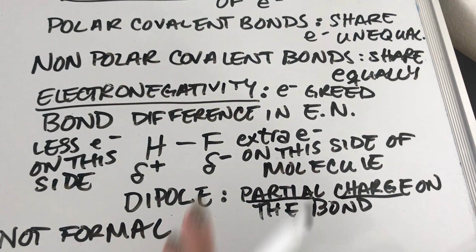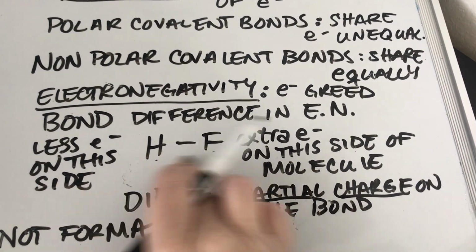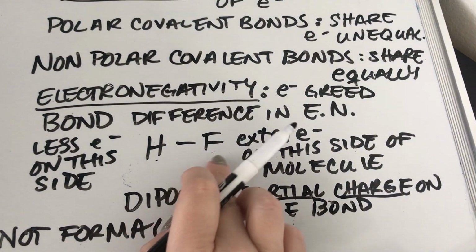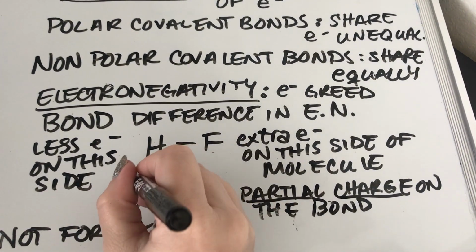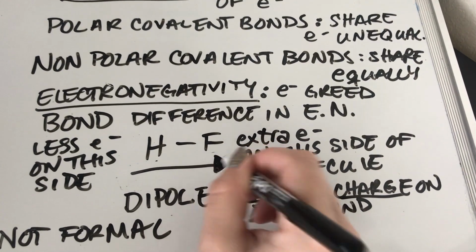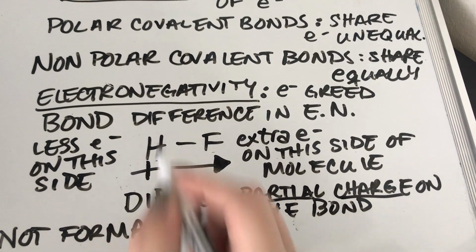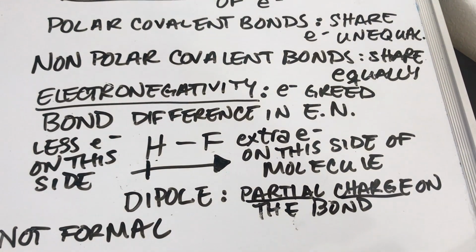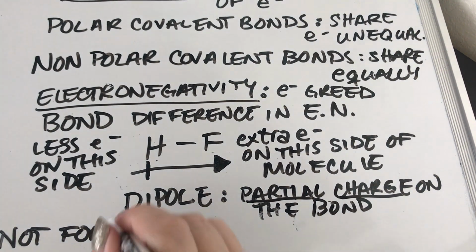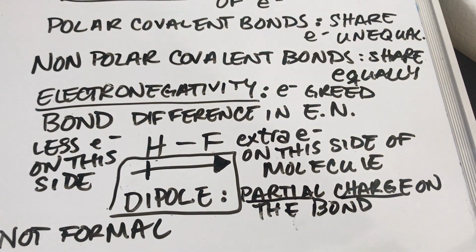The way that we draw the dipole in is as an arrow pointing toward where the electrons are most, with a little positive end on the tail here. So this is how we represent a dipole.